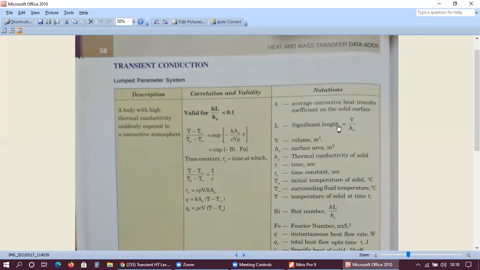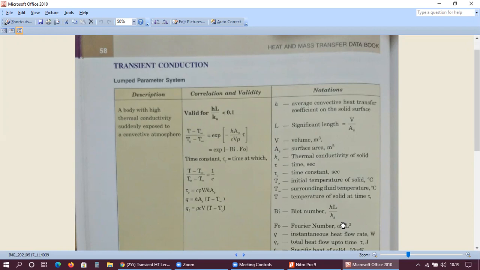It indicates the type of geometry that the material has. So accordingly we have to change the value for this L, the characteristic length of that particular body. So it totally depends on the geometry. While solving the problem, you will come to know that part. It is quite easy. Okay, so for this, as I told you, from the second module onwards, you must have your data handbook with you, right?